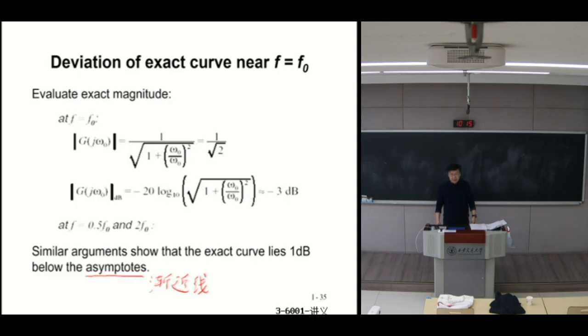We want to use these two asymptotes to approximately represent the single pole Bode plot. But then there's a question, and we need to discuss how much error there is between the asymptotes and the real Bode plot.